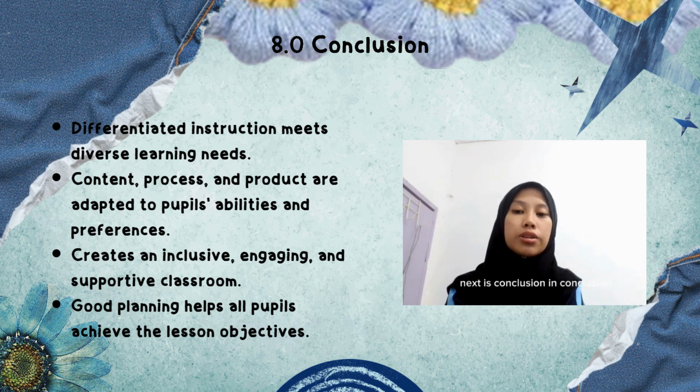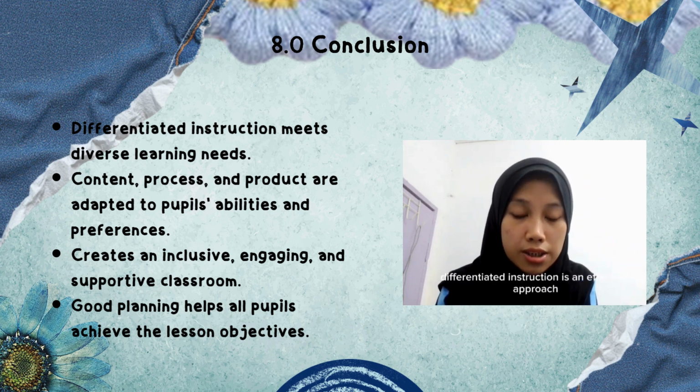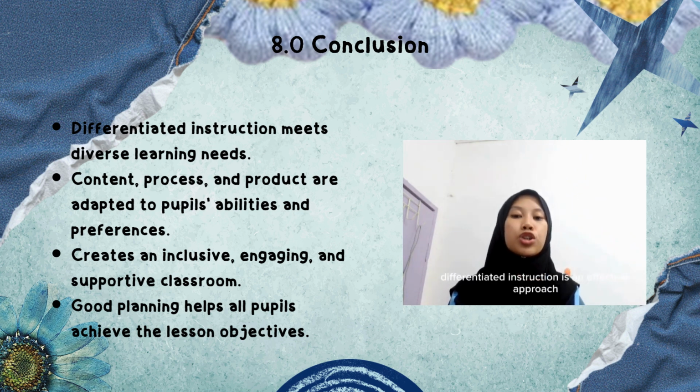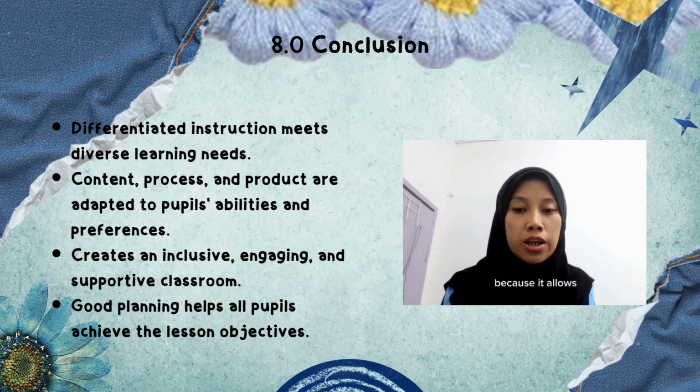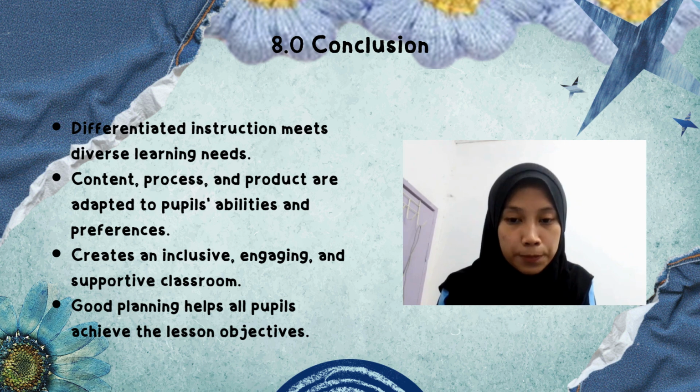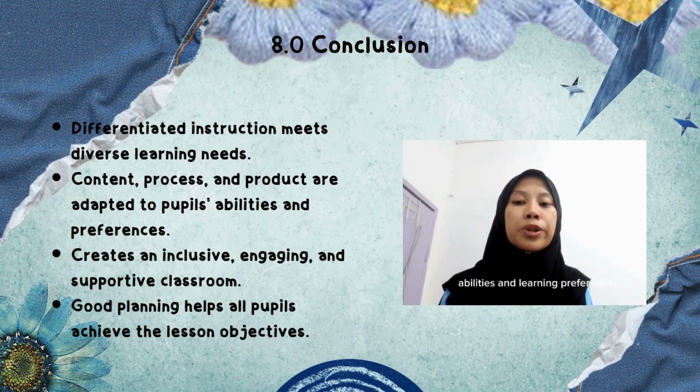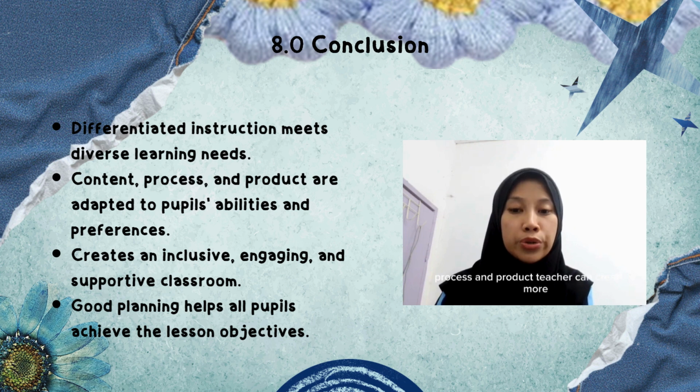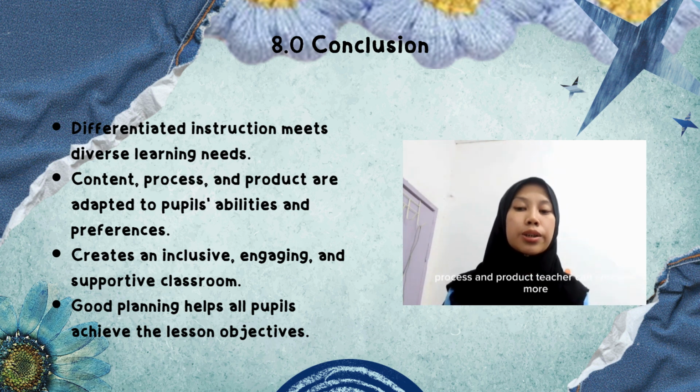In conclusion, differentiated instruction is an effective approach because it allows all pupils to learn based on their recognized abilities and learning preferences. By differentiating content, process, and product, teachers can create a more inclusive and engaging classroom.